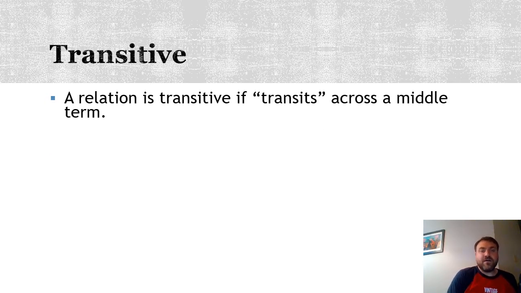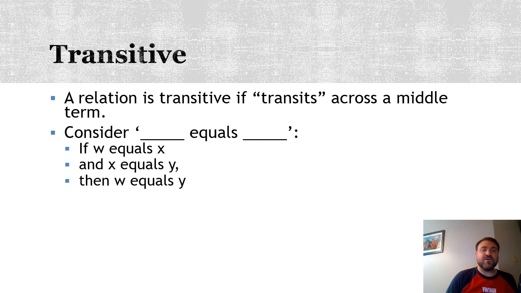And so let's talk now about the transitive relation. It's another very common relation that we talk about. You've probably heard at least some of these things in mathematics, because these are occasionally important in mathematics. So for example, a relation is transitive if it transits across a middle term. Consider the relation "blank equals blank." If you have an argument like: if w equals x and x equals y, then w equals y.